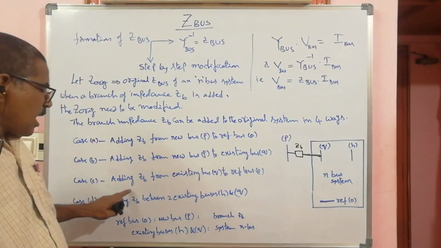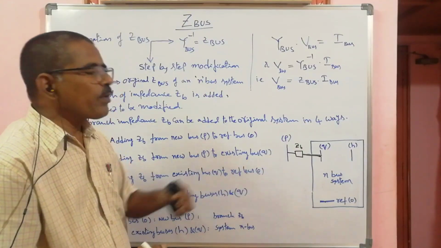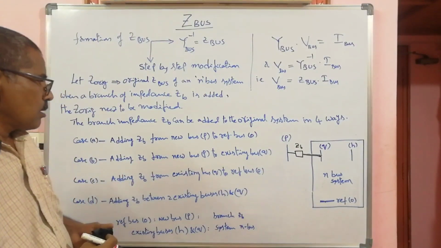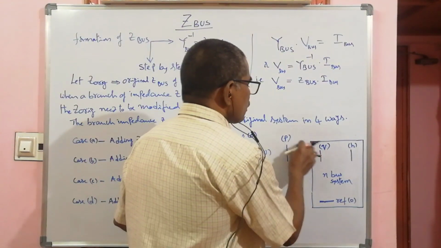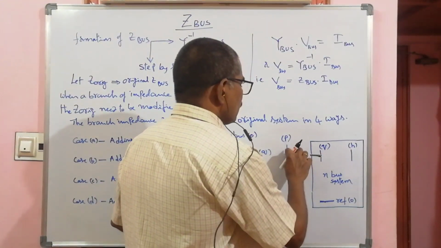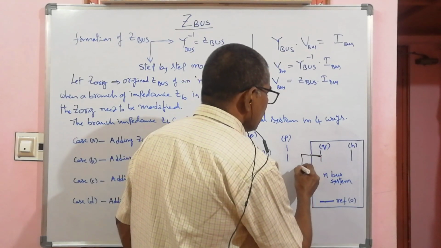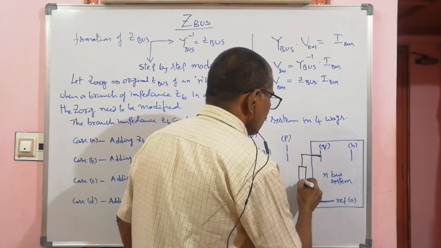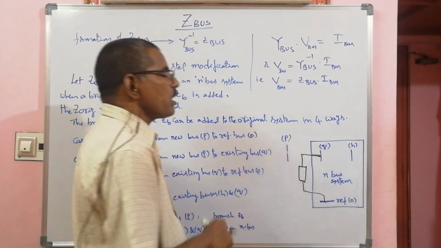Then what is case C? Case C is adding ZB from existing bus Q to reference bus. Existing bus to reference bus. So this is the existing bus and you are adding ZB between the existing bus and reference.